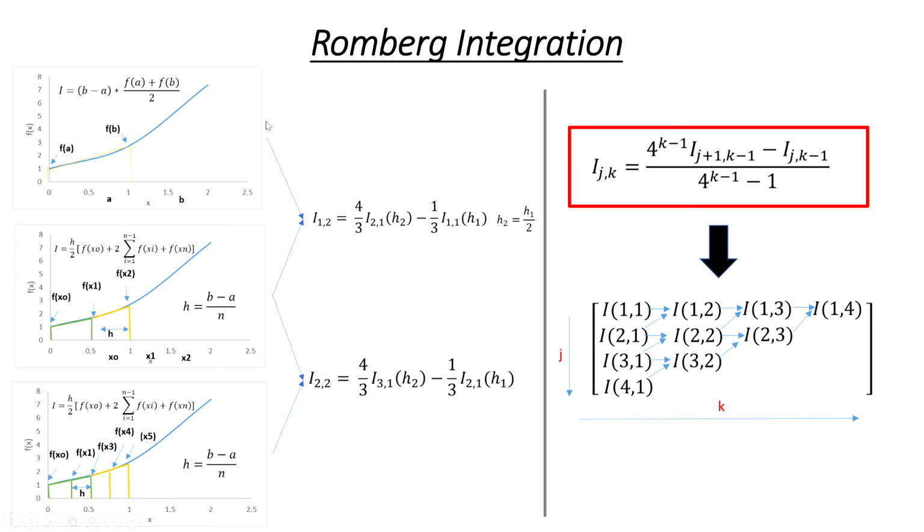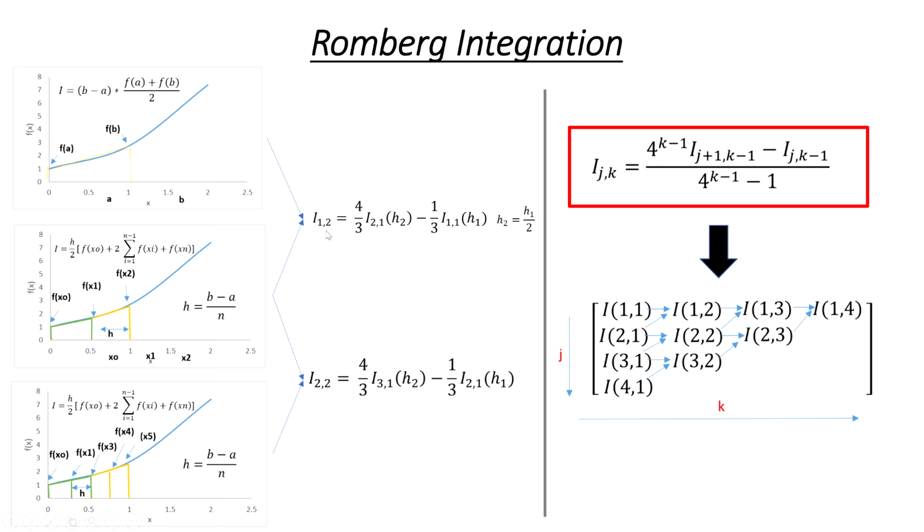And I'm going to take the less accurate one and give it a weight of -1/3. If you notice, the addition of these 2 weights adds up to 1. Here I give this a designation of I21, this is the designation of I11, and the new one has a designation of I12.